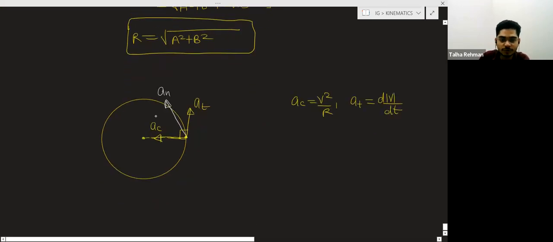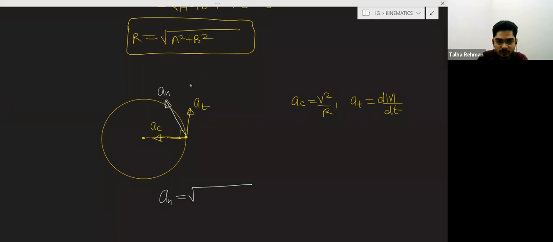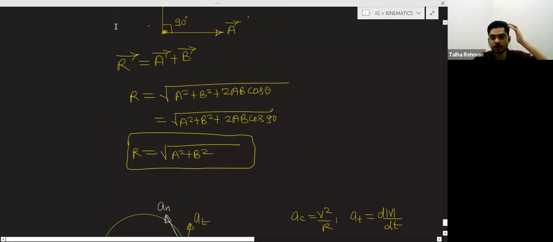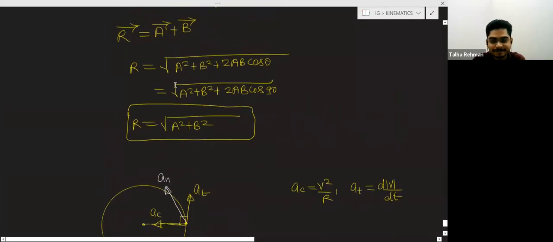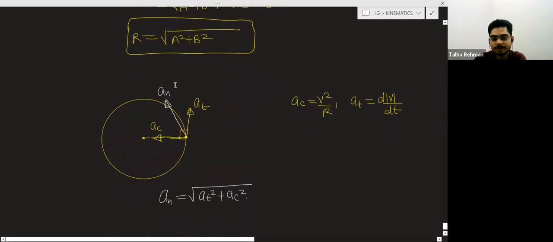So the magnitude of net acceleration, there I have written, is under root of a square plus b square, meaning one vector square plus another vector square. So a t square plus a c square. So this was the case of the vector, from this formula that was derived. Got it?